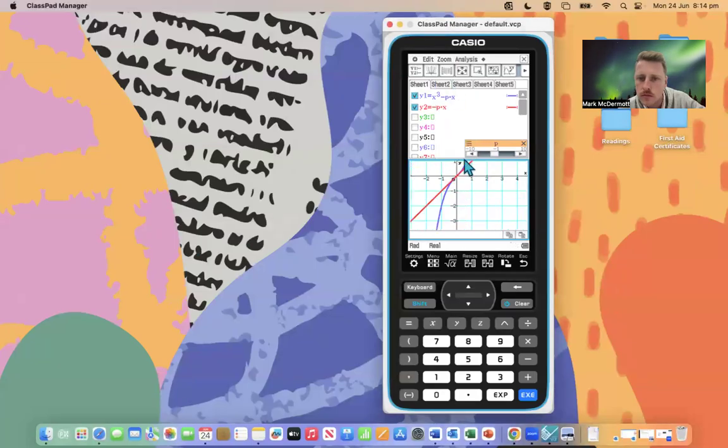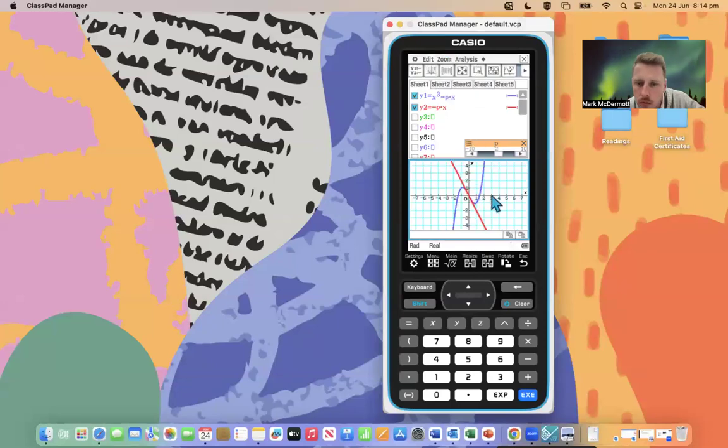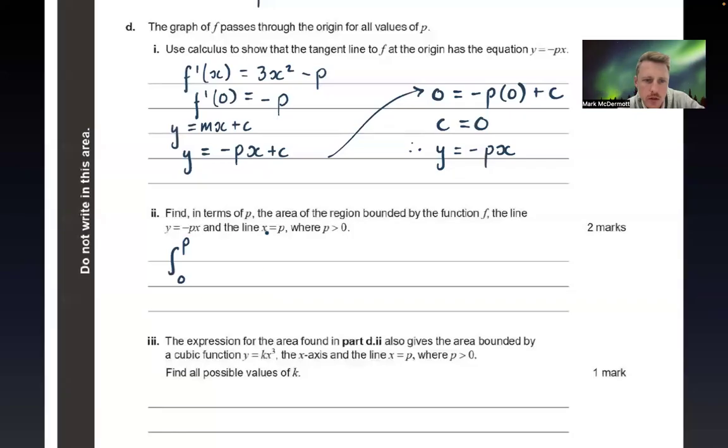We zoom in. I think the blue line, for p greater than 0.